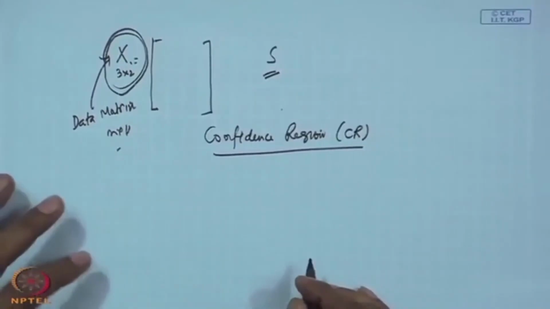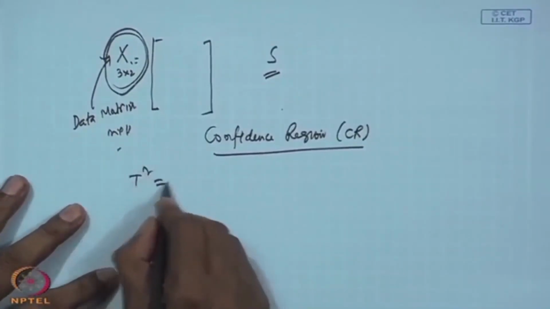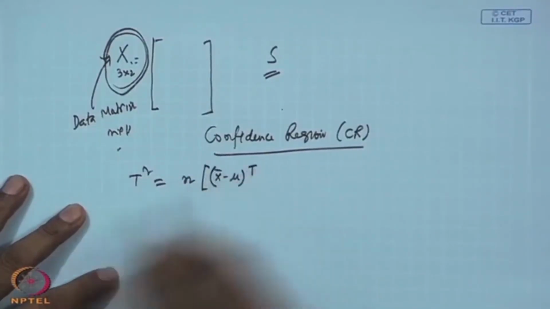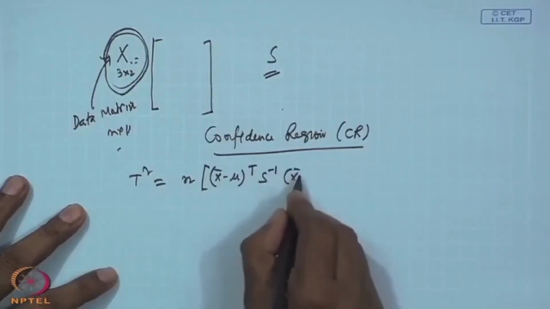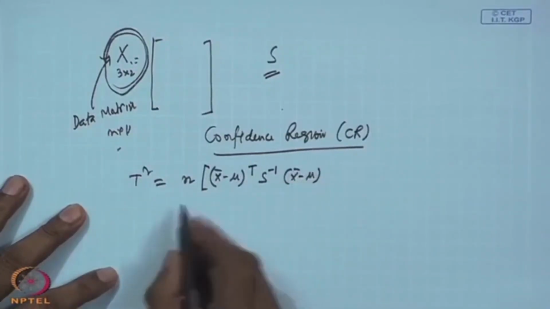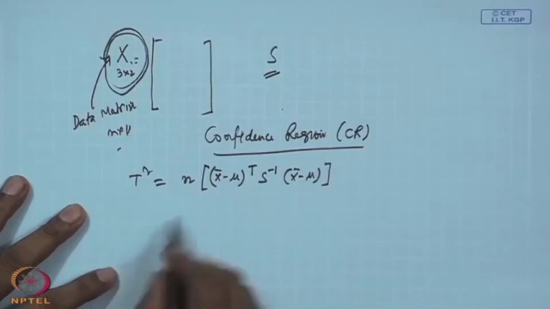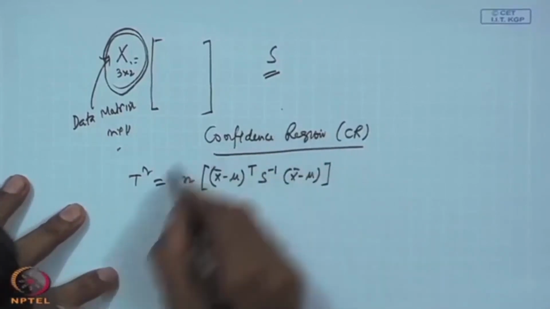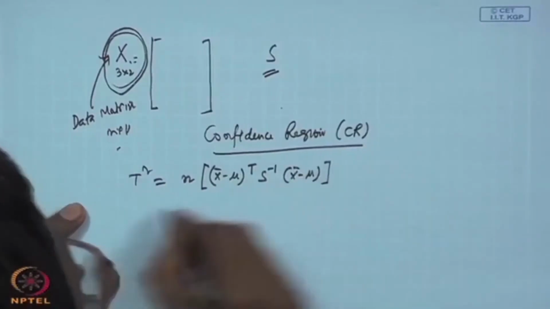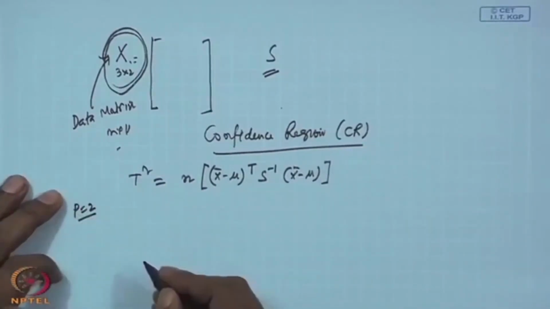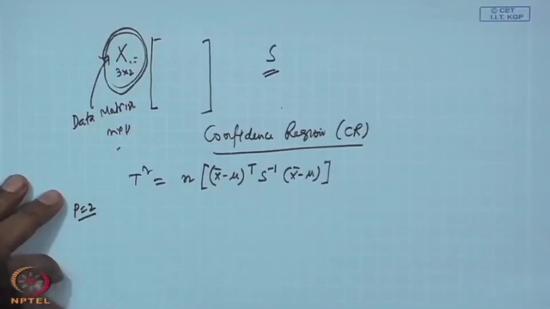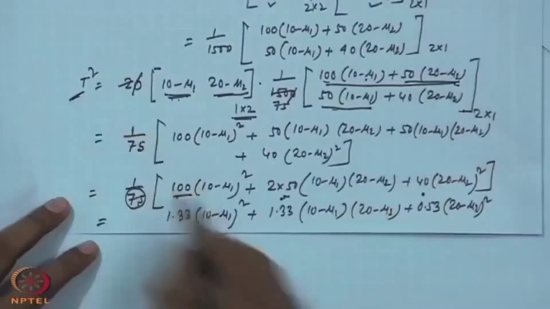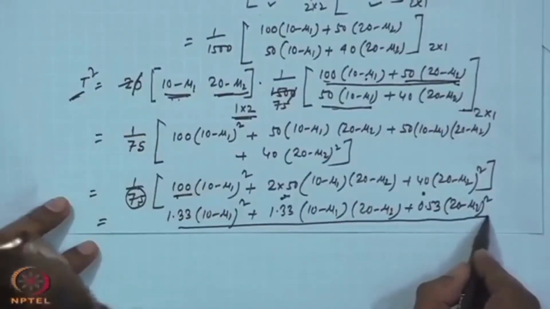That means what we are trying to say: if we follow this, T square equal to n (x bar minus mu) transpose S inverse (x bar minus mu), n into this, then this is an equation of an ellipse when p equal to 2. You have seen earlier when you derived this that T square equal to this is an equation of an ellipse.